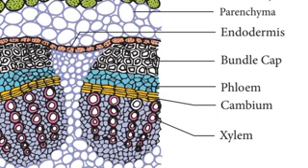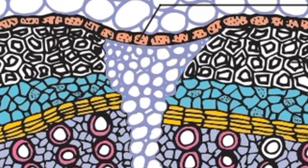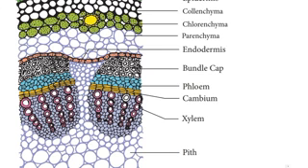Next one is the bundle cap. There is a patch of hard sclerenchyma tissue on the outside of the phloem, and it is called the bundle cap. The next one is the vascular bundle. The vascular bundle is a conjoined collateral vascular bundle, and it is endarch and open. What is called open? In between the xylem and phloem, the cambium is present.